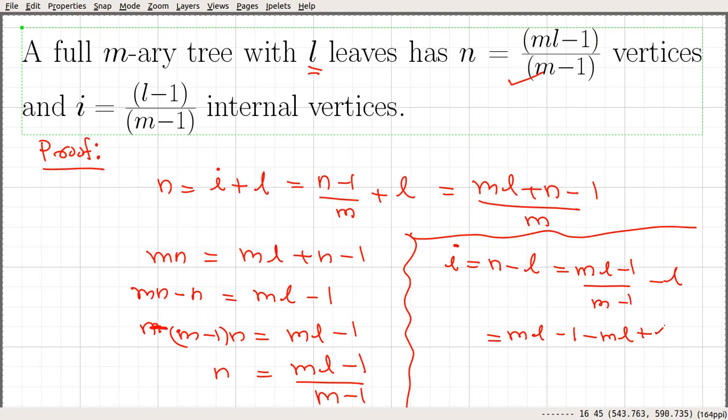The ml terms cancel, and we have m minus 1 in the denominator. Rearranging this we get (L minus 1) divided by (m minus 1). So that agrees with this equation. Okay, so that's the proof. In the next video we continue with some more properties of m-ary trees.